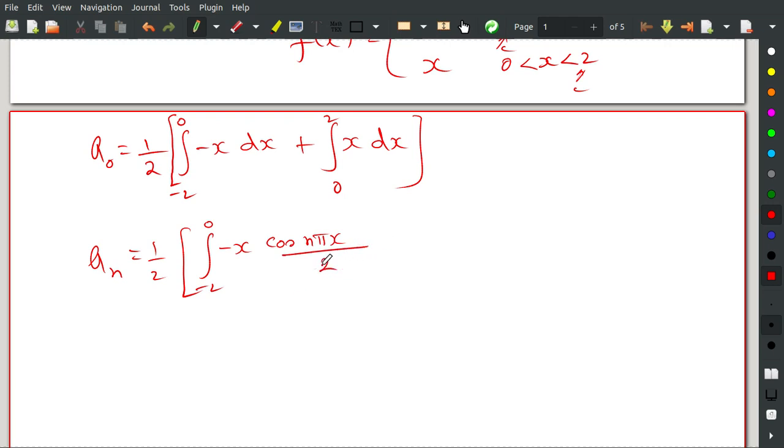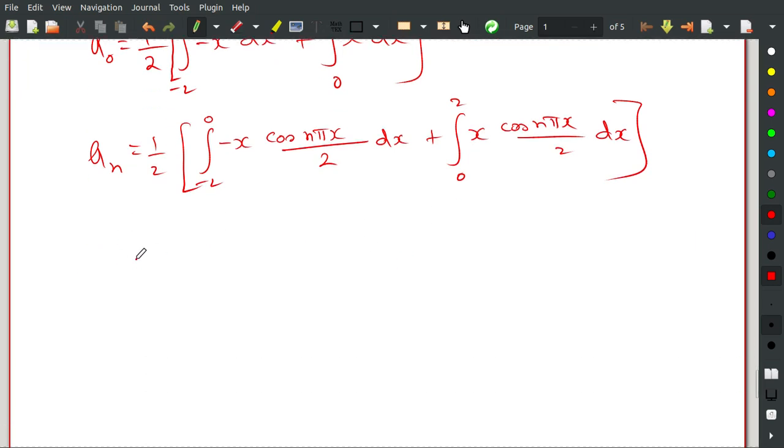It's not -2, it's just 2, dx, plus integral from 0 to 2. Here f of x is x, cos n pi x divided by 2 dx. You just evaluate this integral and find an.